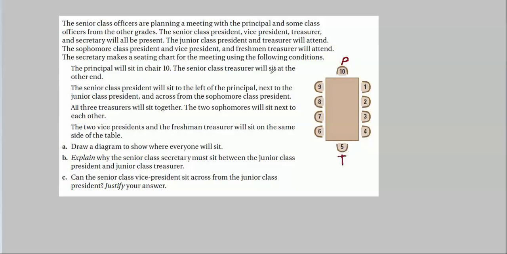We'll see what happens. The senior class president will sit to the left of the principal. Well, let's see if the principal was sitting here and facing this way. That would be his left, wouldn't it? And we'll write CP for class president.